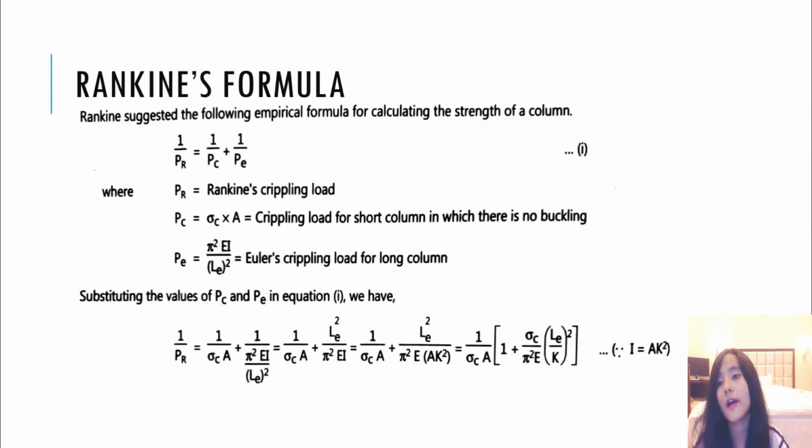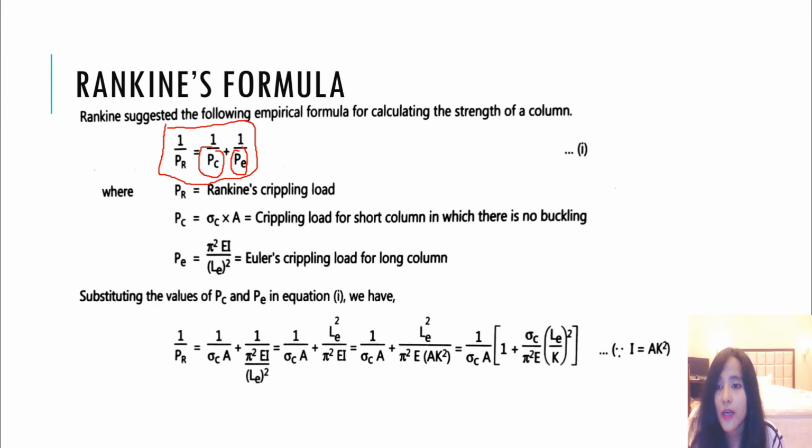Now we have next Rankine's formula. Rankine suggested the following empirical formula for calculating the strength of a column. So this is the formula that he has given, where PR is the Rankine's crippling load, PC is the crippling load, and PE is the Euler's crippling load.